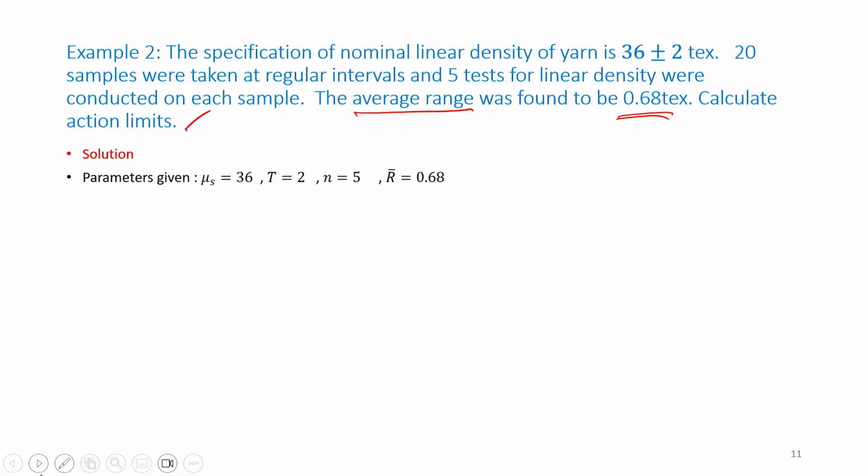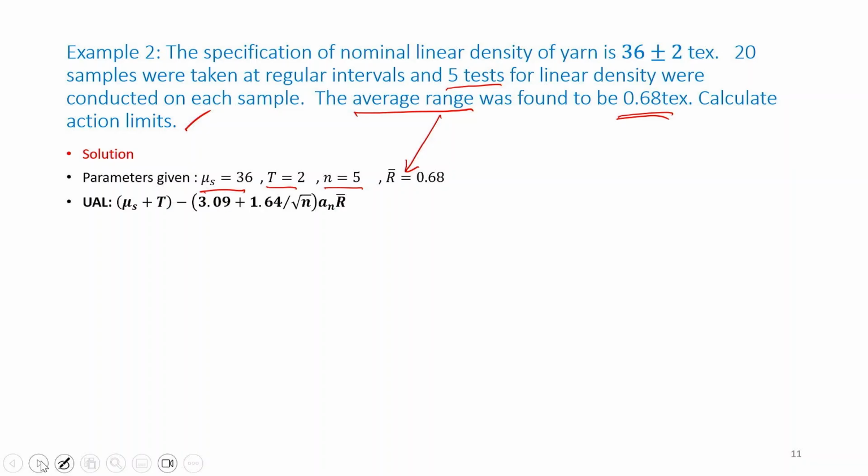In this particular case, the values stated here are mu s, the value of t plus minus 2, small n (5 tests are conducted, so small n is five), and the average range is also given, that is R bar. So these are all given.